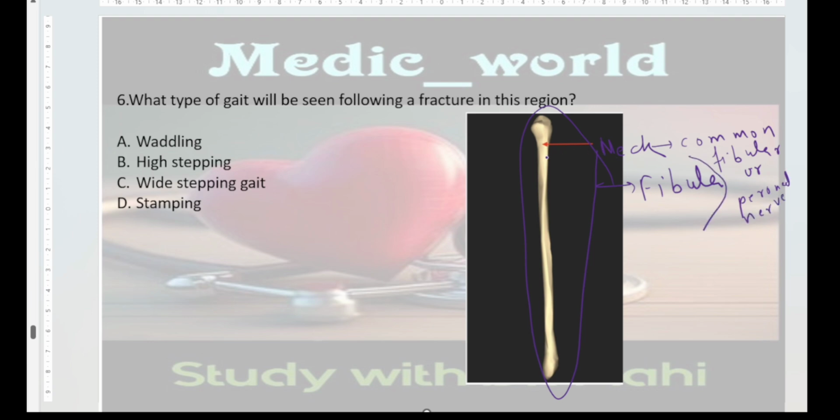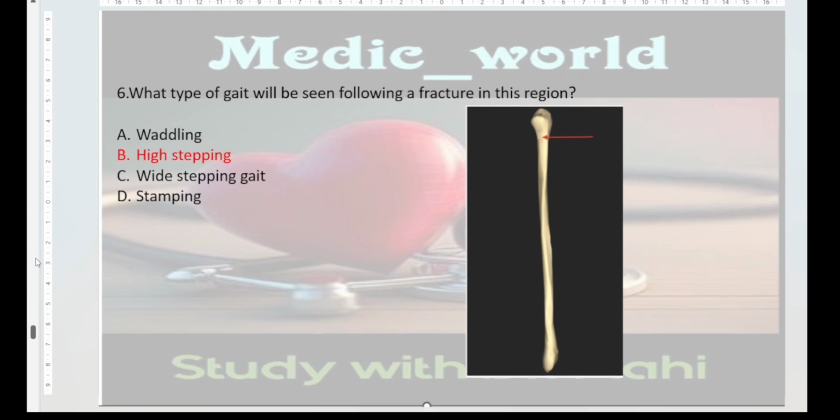So if there is an injury to the neck of the fibula or a fracture here, this nerve can be damaged, and due to the damage to this nerve, the gait which we get is the high stepping gait. So the answer to this question is B, that is high stepping gait.